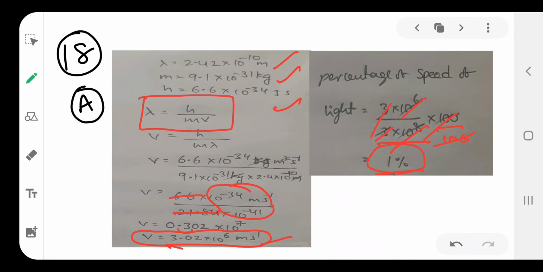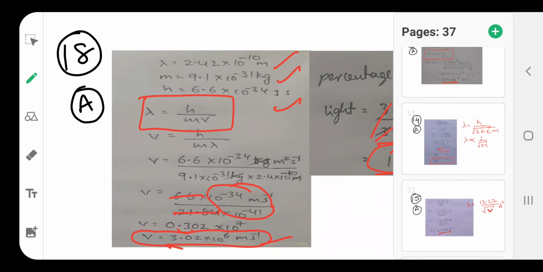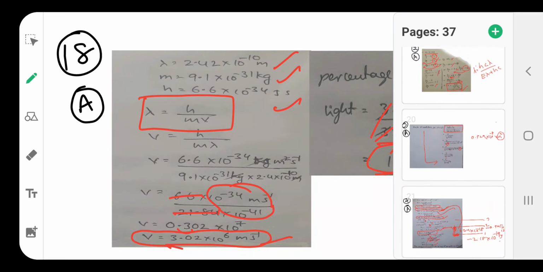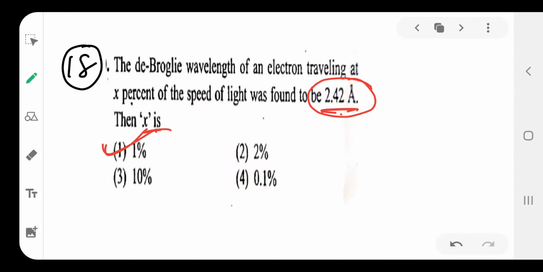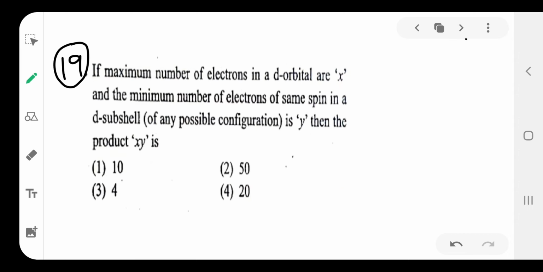The speed is 1%. So the percentage of the speed of light x is 1%. Option is 1%. Then question number 19.